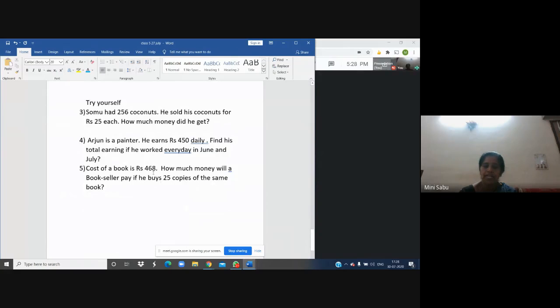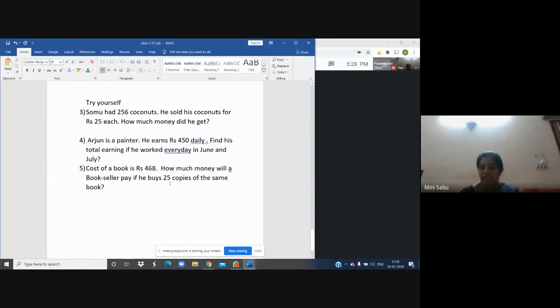Now one more question for you. Cost of a book is rupees 468. How much money will a bookseller pay if he buys 25 copies of the same book? One book costs rupees 468 and a bookseller buys 25 copies of the same book. If the book is the same, the price will be the same. So how much money does the bookseller have to pay? That is our question. What will you do? 468 into 25.